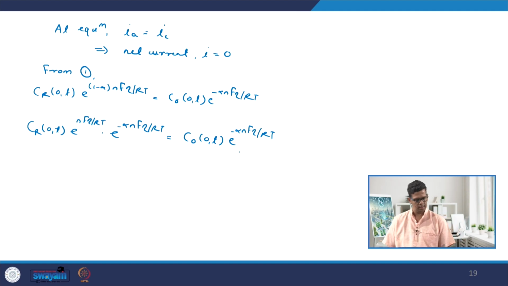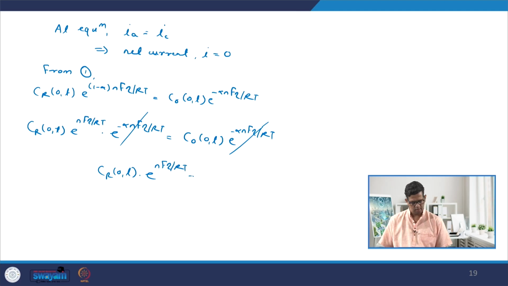So if you can see, this will go away, and what we have is C_R(0,t) times e^(nFη/RT) equals C_O(0,t). So I can write for at equilibrium again.